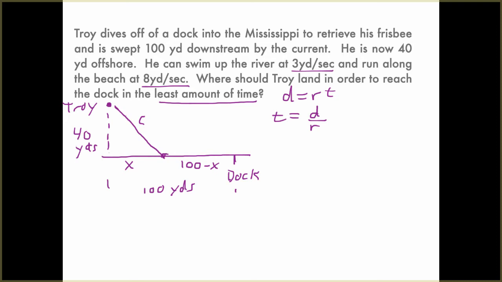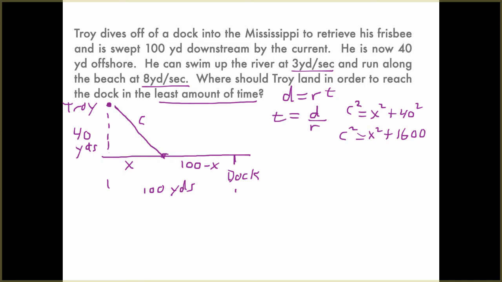So now we're going to see what our distance in the water would be. So we have our hypotenuse C. So we'd have C squared equals X squared and 40 squared. When we do this, we get C squared equals X squared plus 1600.